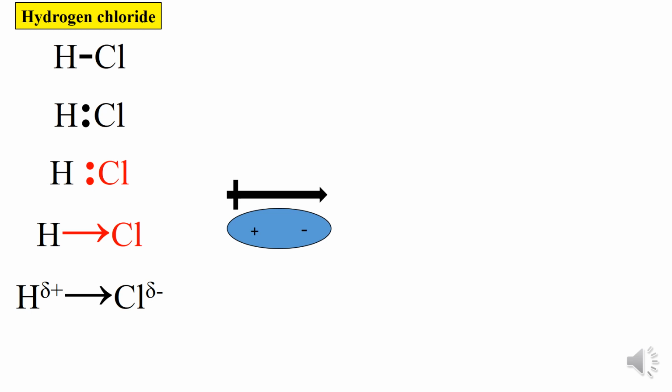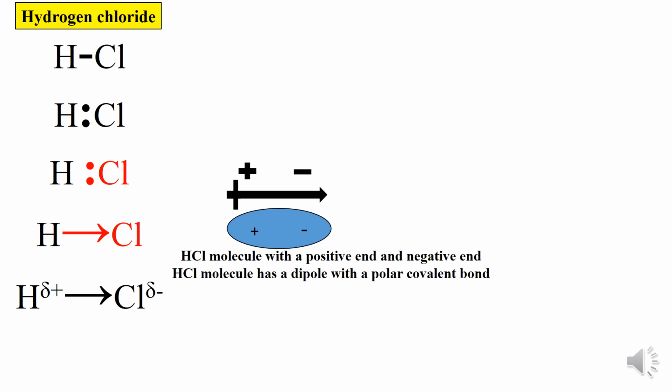The crossed end will be the positive end and the arrow end will be the negative end. Hydrogen chloride molecule has a dipole, resulting in a polar covalent bond.